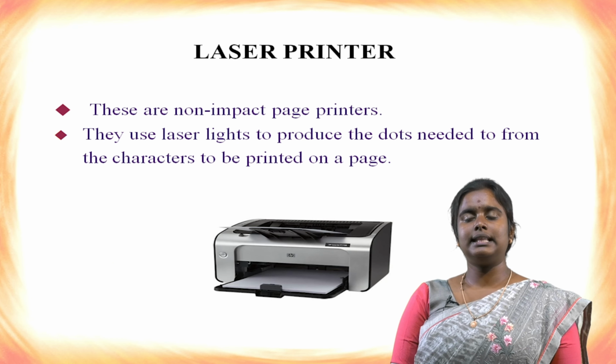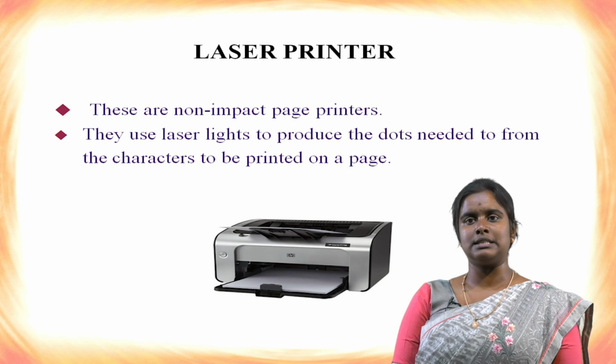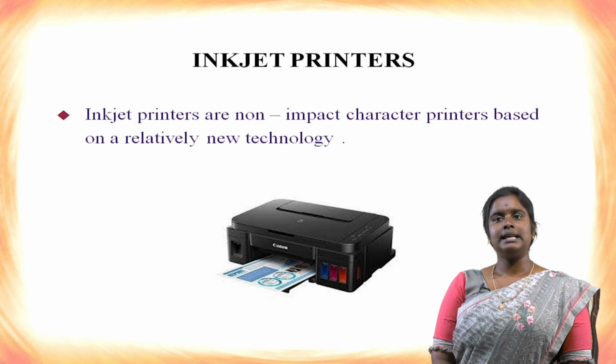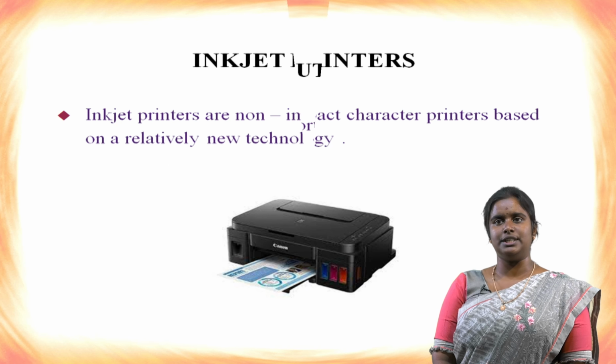Laser printer. These are non-impact page printers. They use laser light to produce the dots needed to form the character to be printed on a page. Inkjet printer. Inkjet printers are non-impact character printers based on a relatively new technology.